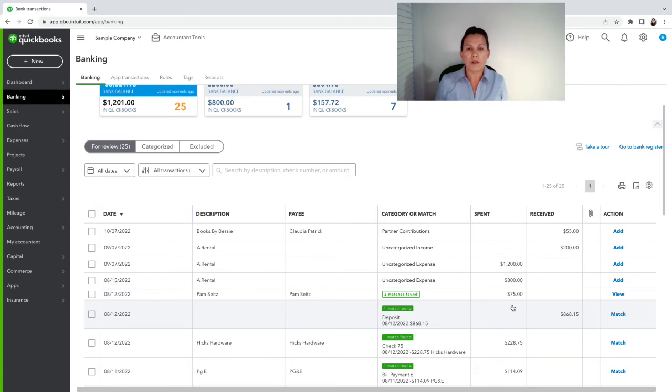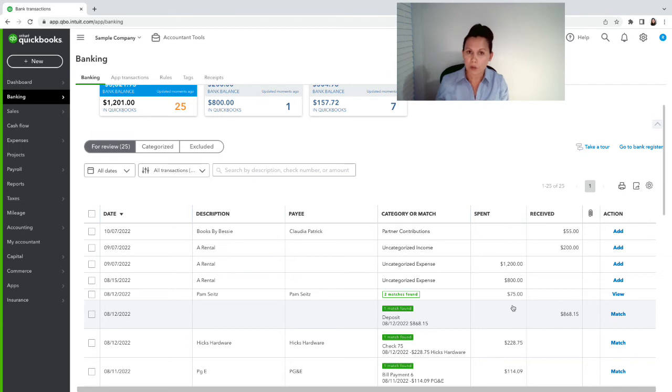Remember, for income, you should have an invoice, record the payment in the invoice, send it to undeposited funds, and then record the deposit and match it in banking. So there's a process for that. Keep in mind, I have more videos on that, so feel free to take a look at those videos as well.